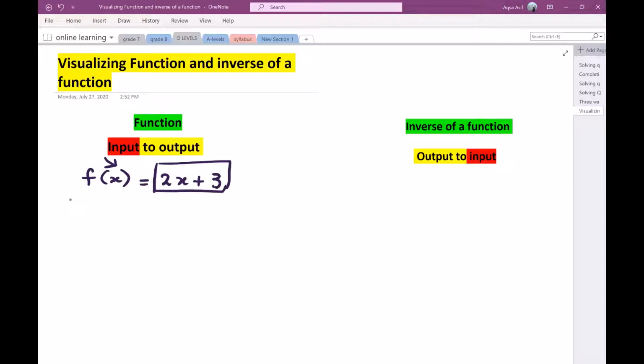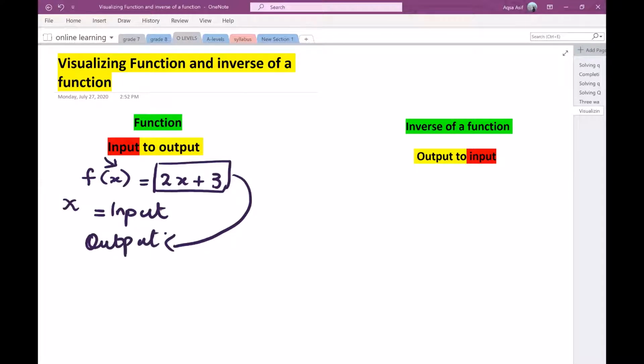So the x values that we assign to this function will be my input, and the values that I get on the right hand side by putting in the value of x is my output.